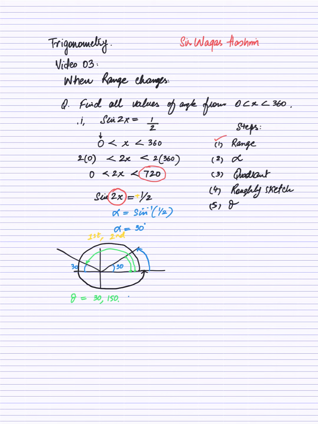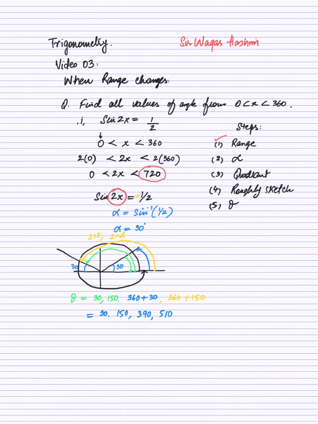Now the value is 360 plus 30 degrees because I have completed one complete revolution, right? And for this part, that is not 150 only. That will be 360 plus 150. So the final values are 30, 150, 390, and 360 plus 150 is 510, right?